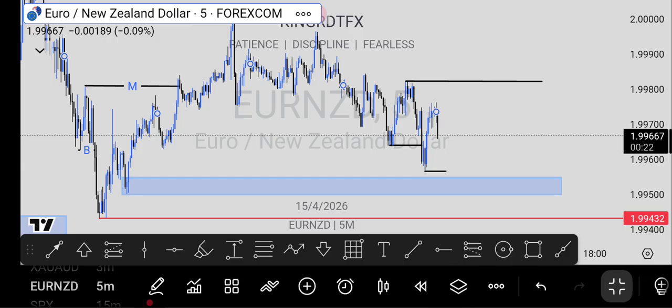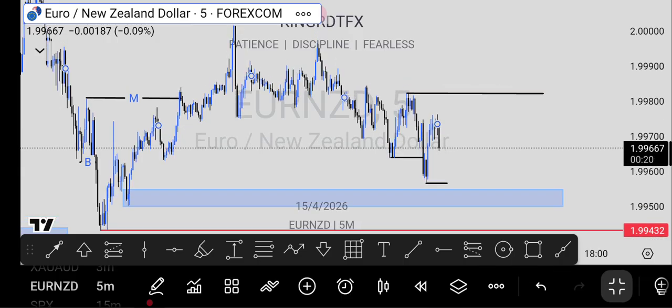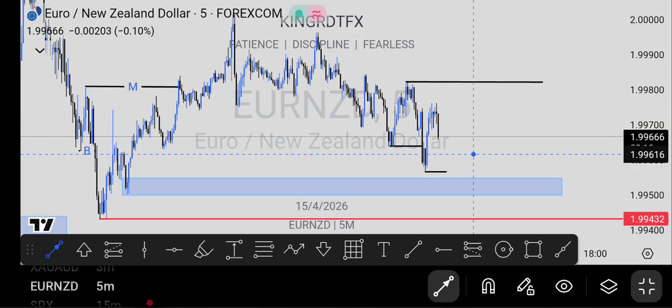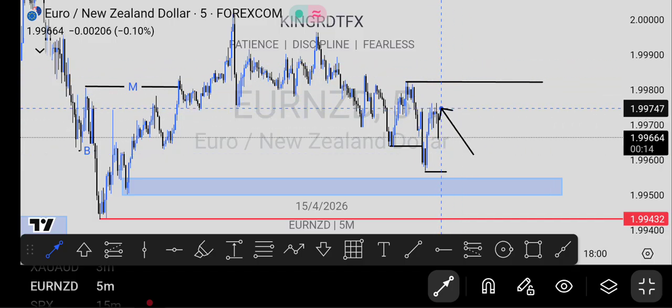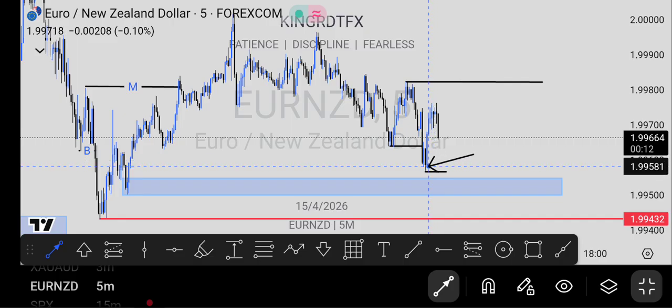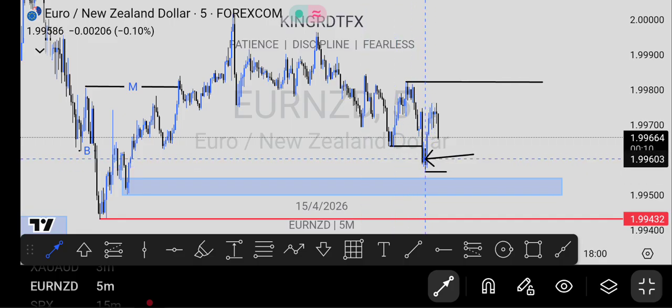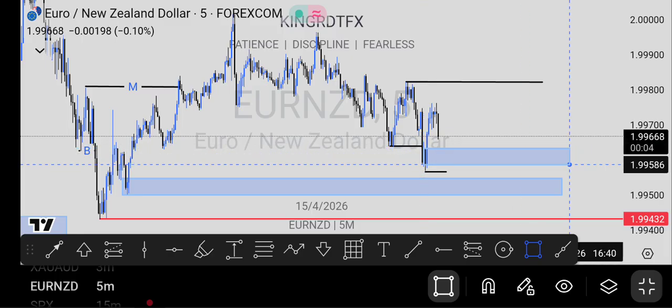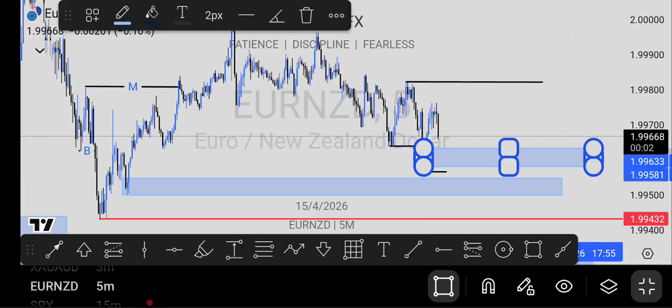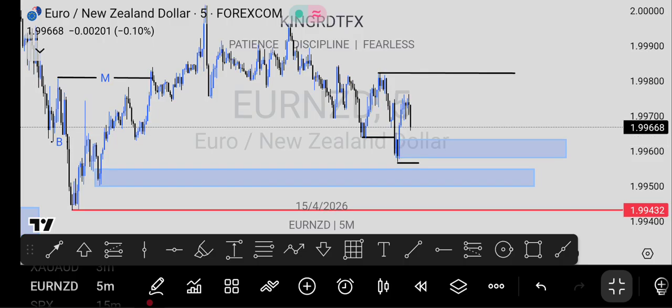Expecting a market structure shift. So now you see price is failing to break there. So this can be an inducement, right? This is what price can do, because now we have something like an order block here, right? This is what price is gonna do.